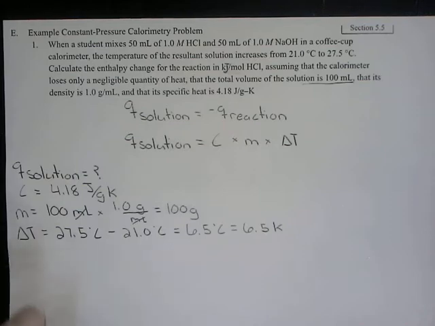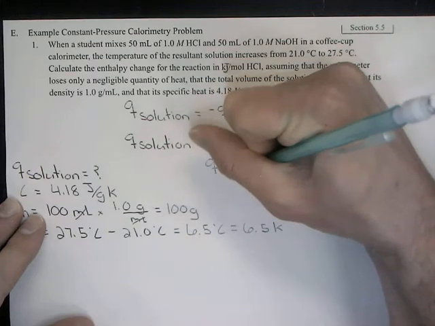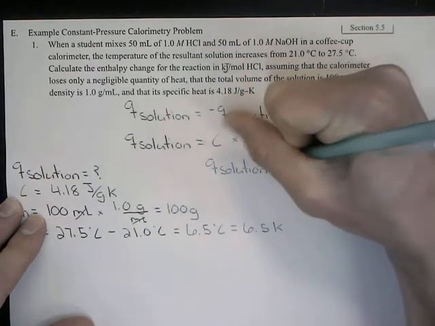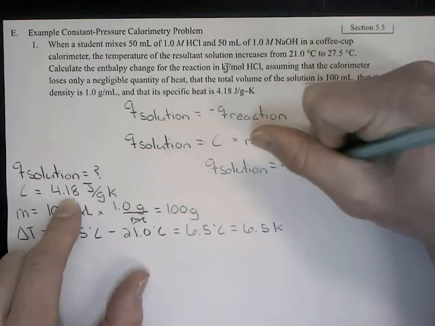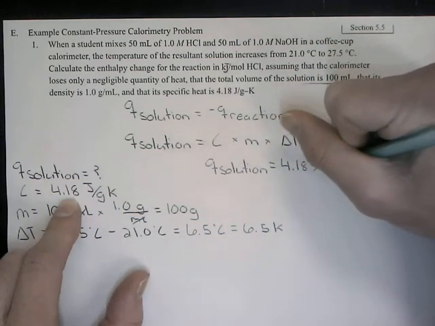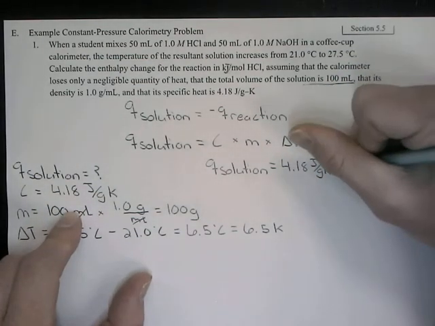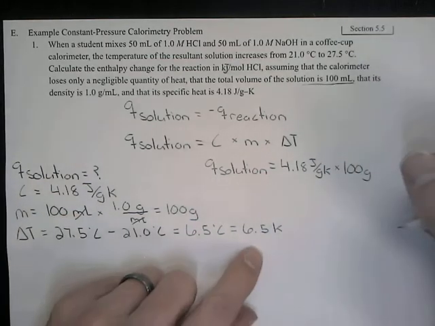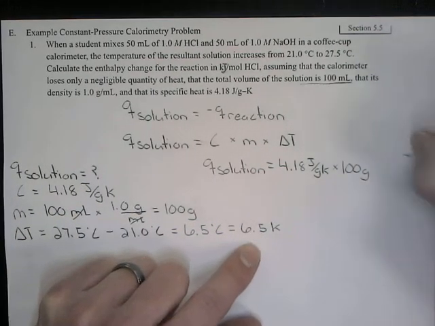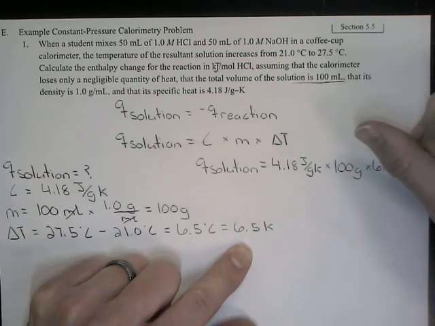So let's go ahead and plug these values into our equation. We get the heat of the solution to be equal to our specific heat, which is 4.18 joule per gram Kelvin, times 100 grams, times our temperature difference in Kelvin, which we found to be 6.5 Kelvin.